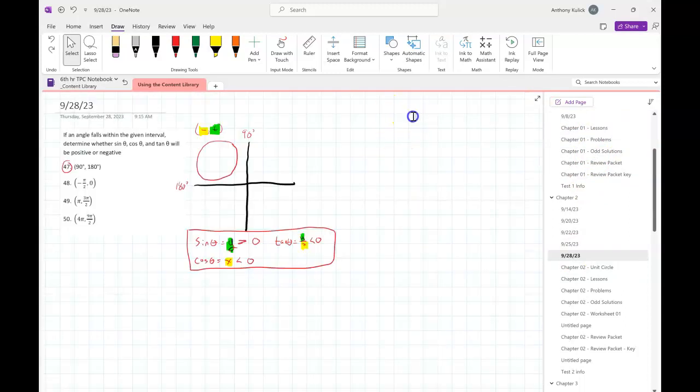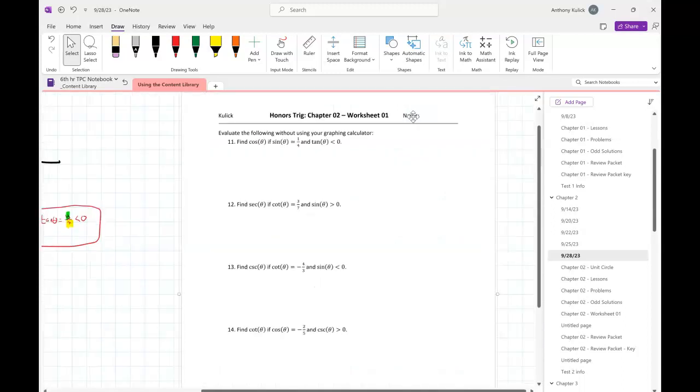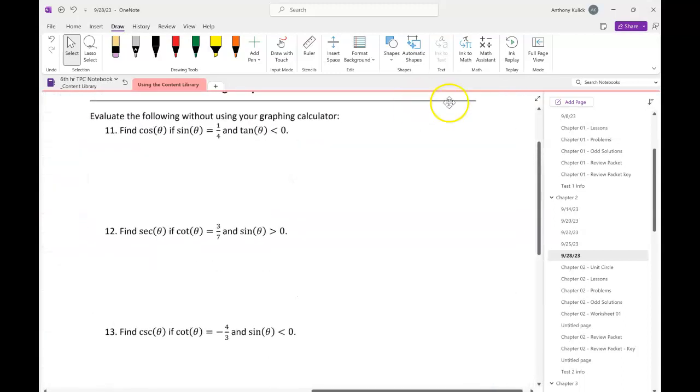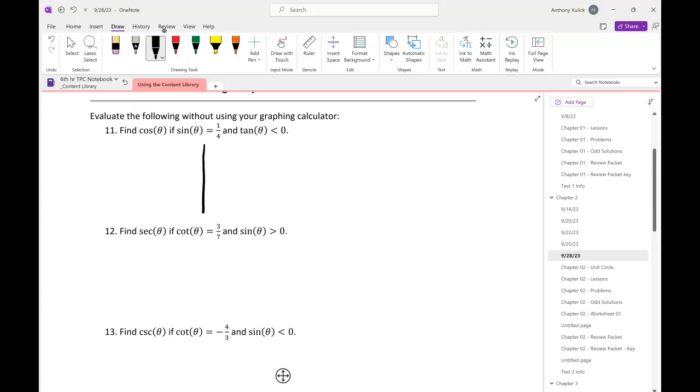There we go. All right. It says find cosine theta if sine theta is 1/4 and tangent theta is negative. So I'm going to start by drawing a picture.